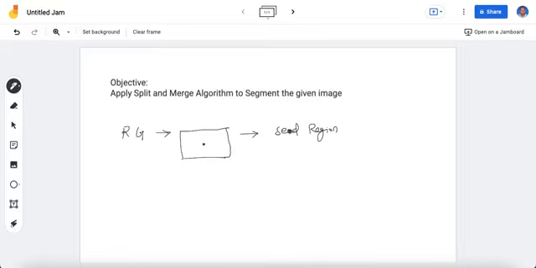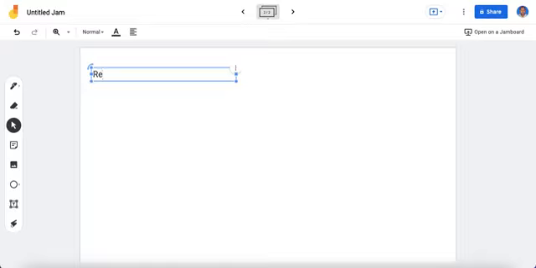Let me write it for you. We call it RAG, regional adjacency graph.